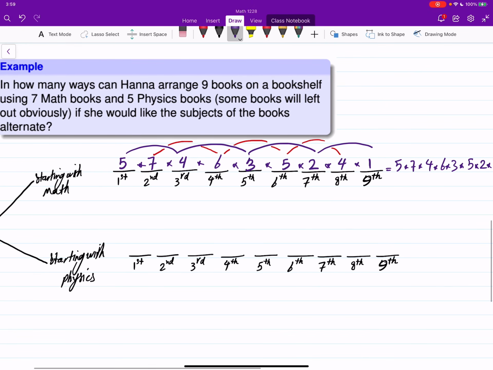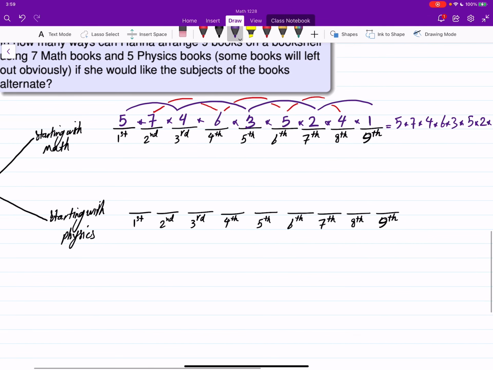And then for the case where we start with physics, now we will have 7 for the first place, then for the third one, which is going to be physics again, there will be 6, then 5 at the 5th one, 3 on the 7th one, and 2 in the last one.